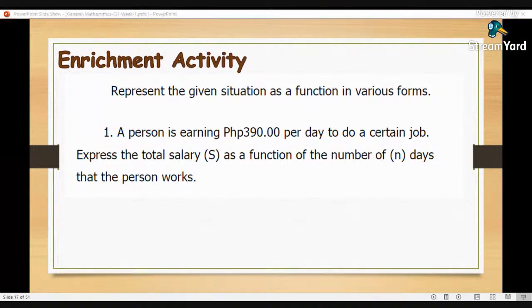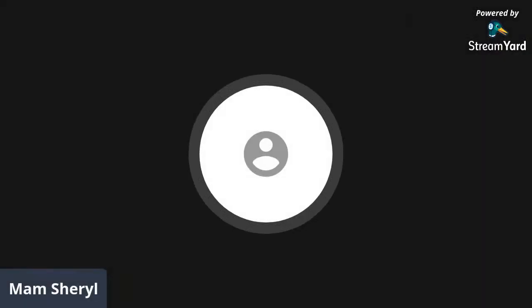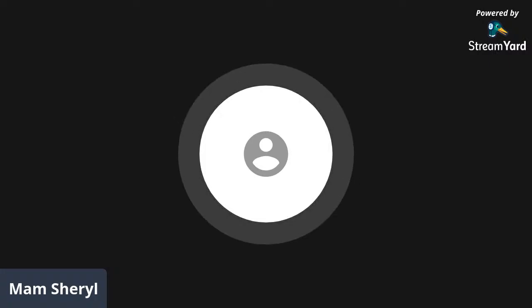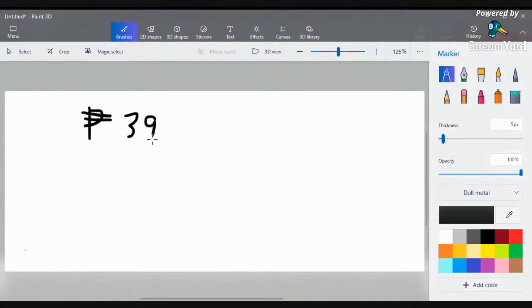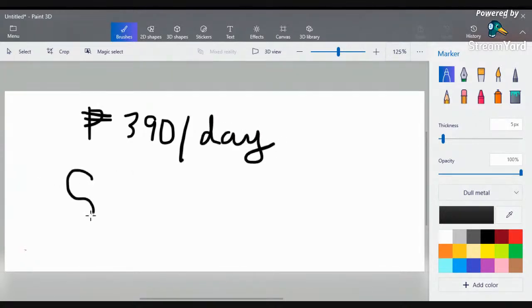Okay, so every time we work, as we know, it is the number of days times the salary per day. The person is paid 390 per day. And we have to express it as a function S.